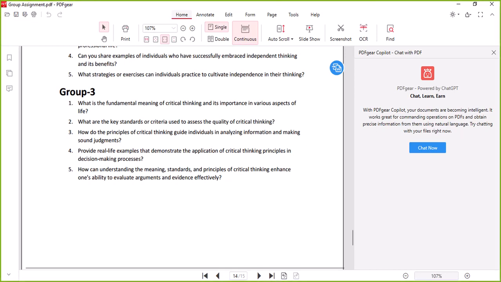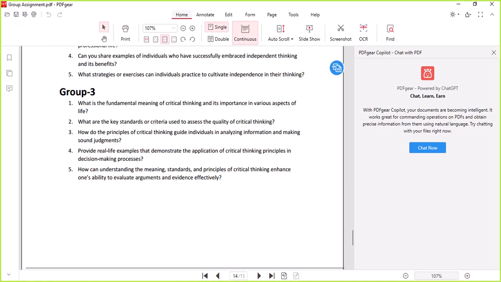The first one is the structural principle. That means whether the argument is structurally sound. As we learned before, in a deductive argument, the conclusion must necessarily follow from the premises, and in an inductive argument, the conclusion probably follows from them.